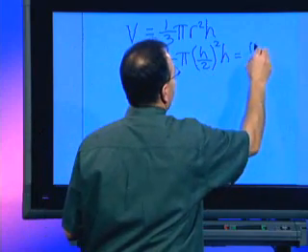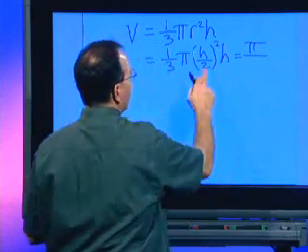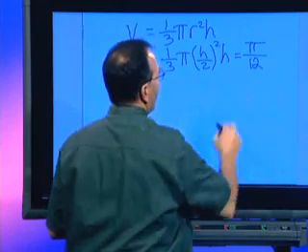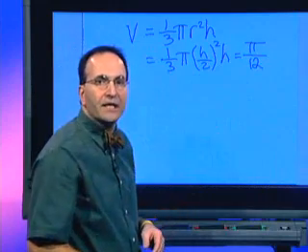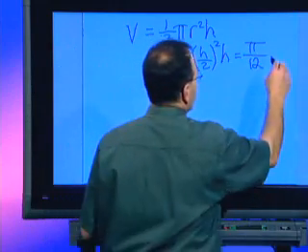So that's going to become pi over 4 times 3 is 12. And then H squared here times H there gives me H cubed.